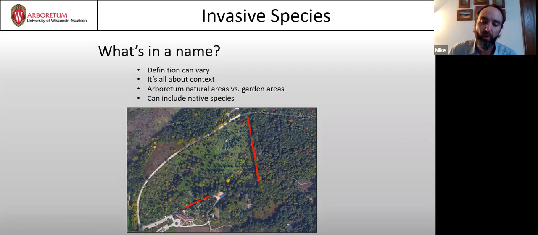And so I think that's important to make note of. What one person considers desirable or invasive over here is going to be different than what somebody over here considers it. So it's all about context, and so that's important anytime you're starting out with an invasive species management program, understanding that context.